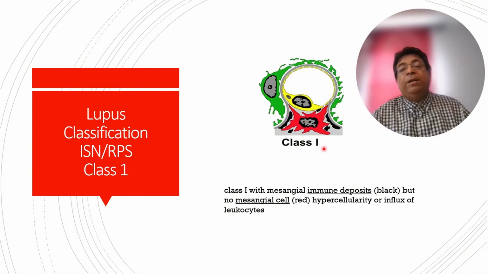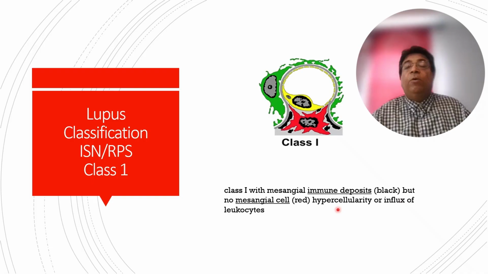So here's your mesangium, and you can see the black immune deposits. So all you see is a little bit of immune deposit, but no hypercellularity or influx of leukocytes. This is the earliest class of lupus nephritis. And then we'll talk about how classification of lupus nephritis alters the management of lupus nephritis.